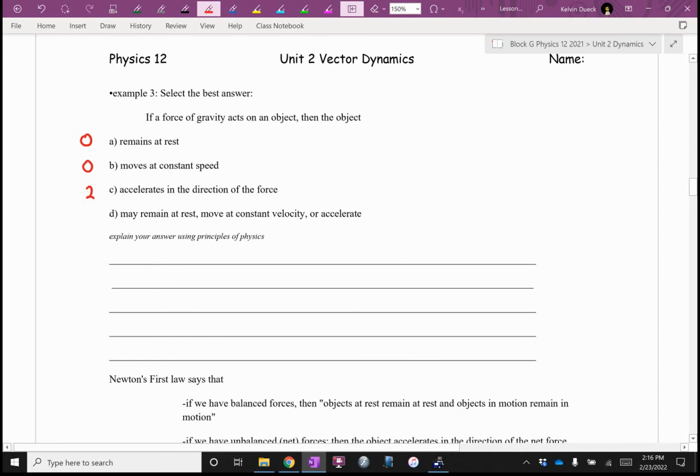Who says all of the above? I saw one person kind of look around and then join the all of the above. So we'll see if that was a thinking vote or a peer pressure vote. George, convince me.